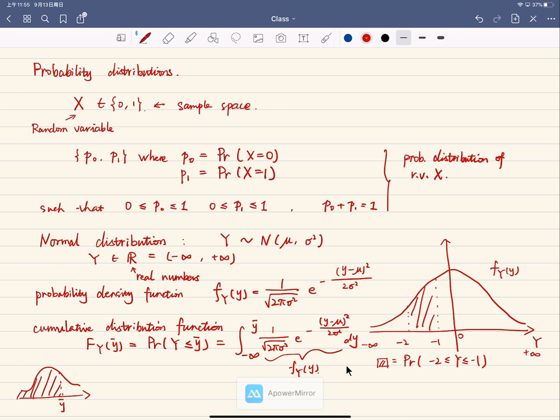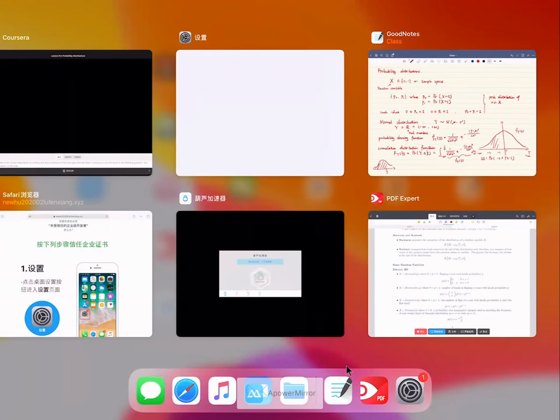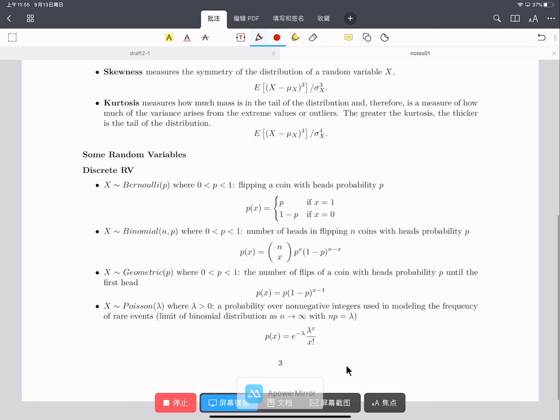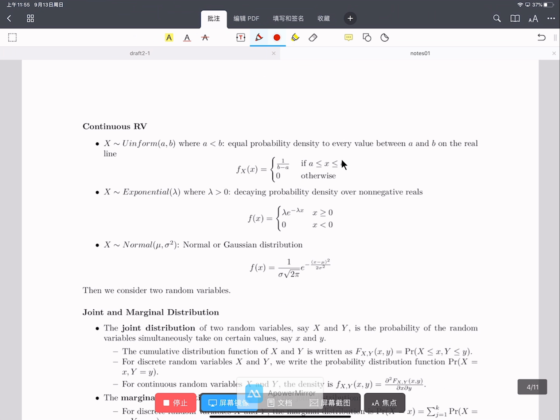And last time we also talked about other moments of a distribution, the skewness and the kurtosis. We have seen the Bernoulli distribution and the normal distribution. Other examples, if you want, you can study them by yourself.